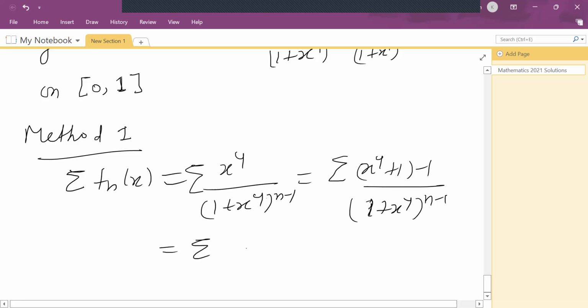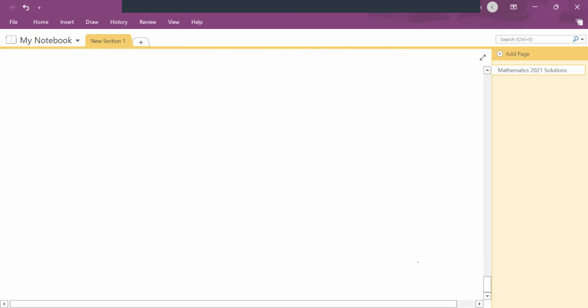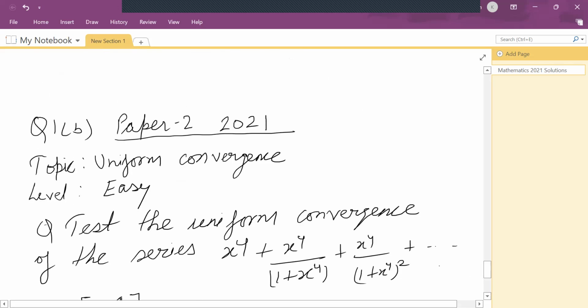This can be written as (1 plus x^4) upon (1 plus x^4)^(n-1) minus 1 upon (1 plus x^4)^(n-1).